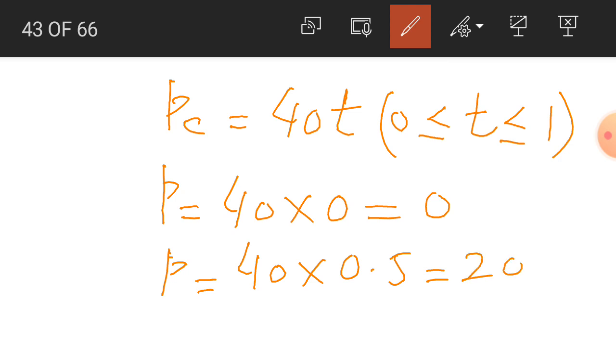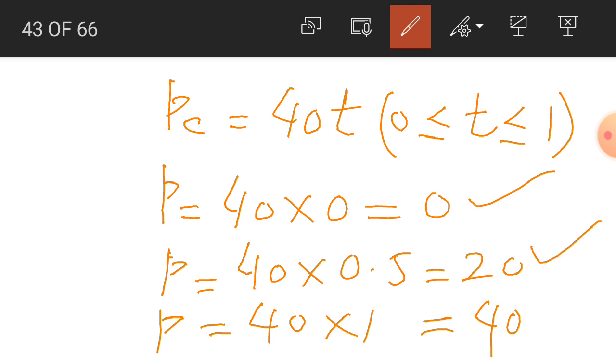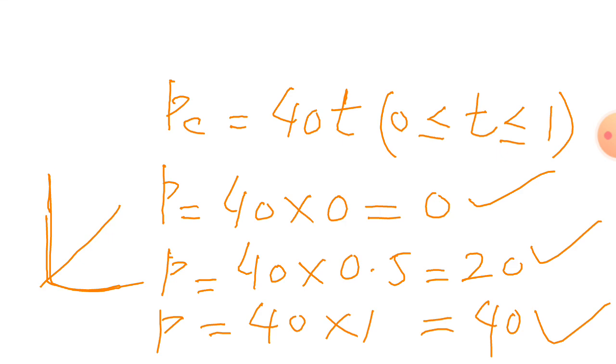And then we calculate the power at time t is equal to 1. So we have 40 and the time is 1, so we have 40 watt. So you can sketch these points in region number 1, and you will get a straight line, and this line will pass through the origin, right? So this is another way to sketch the power as a function of time.